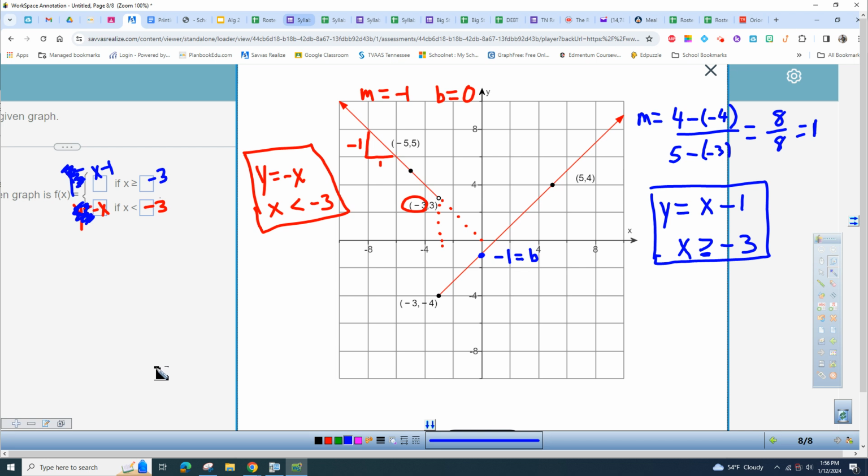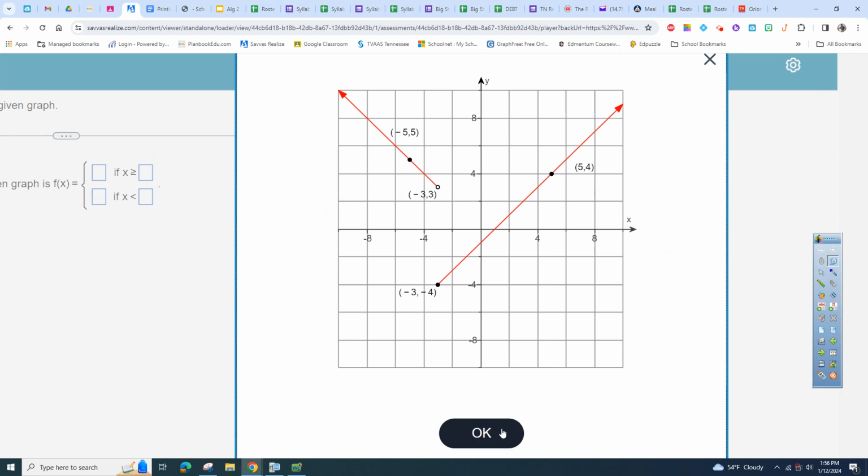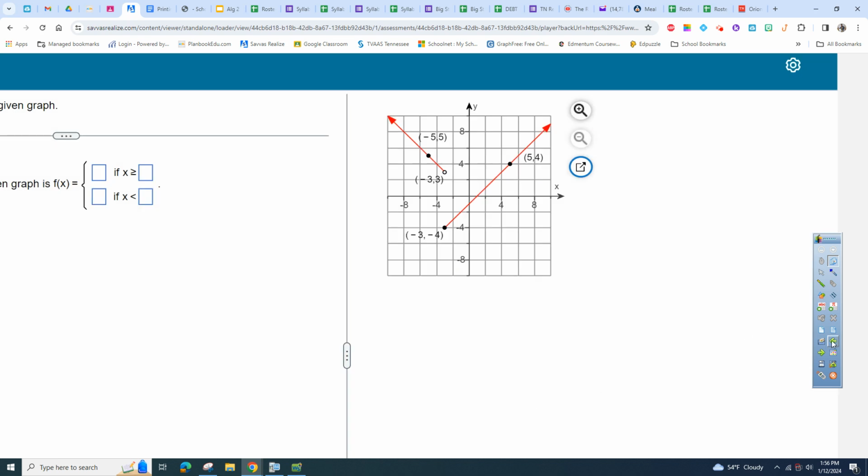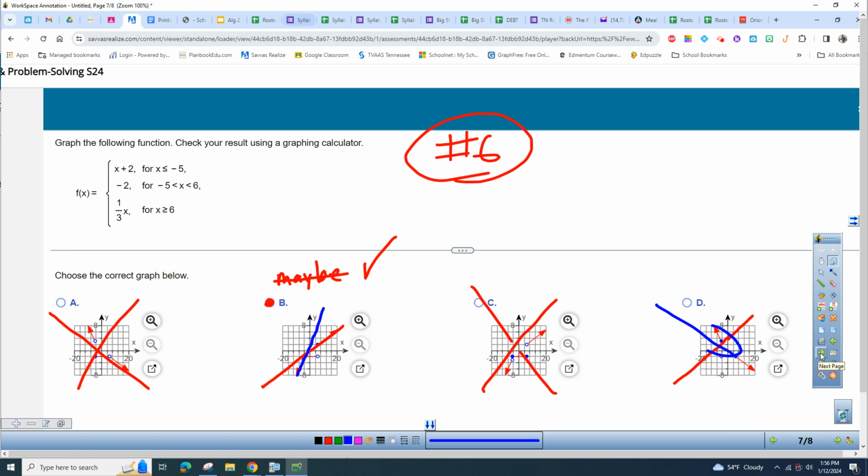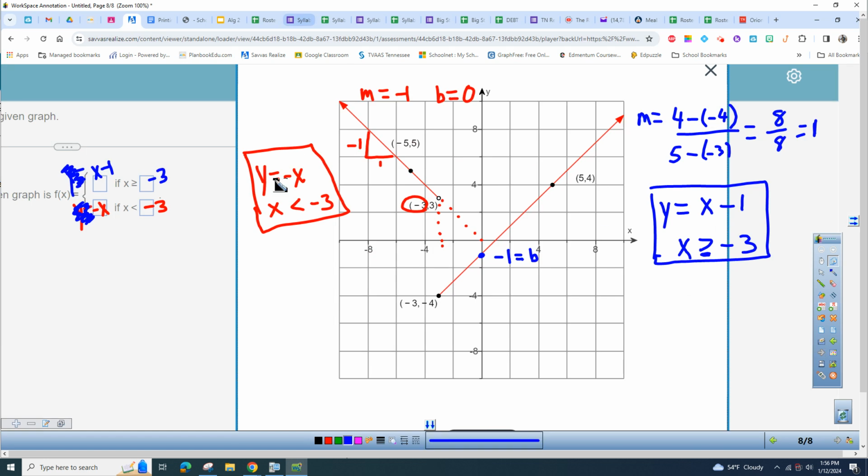Okay, so I'm ready to start typing. Pull that all out. Oh my goodness, I hope I can remember what it said. So -x and x minus 1. Got it.